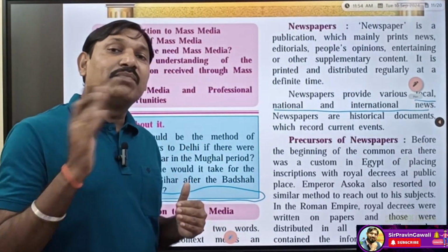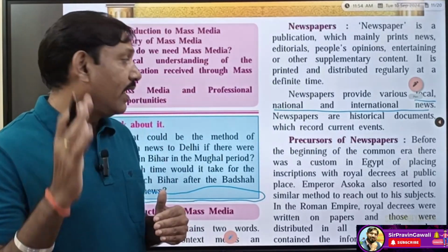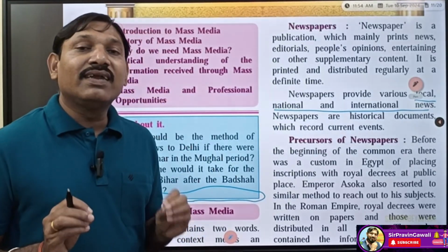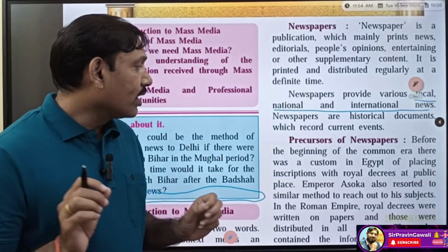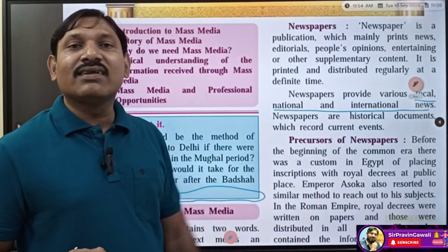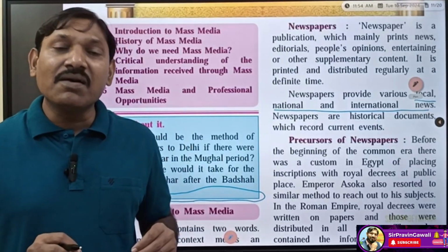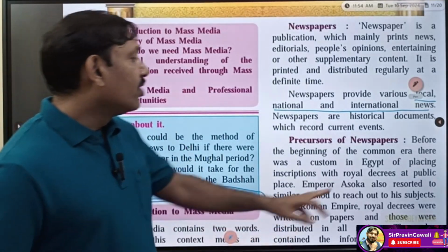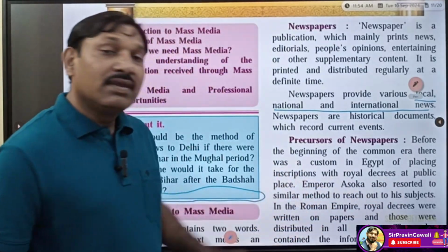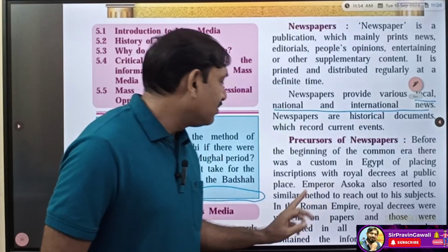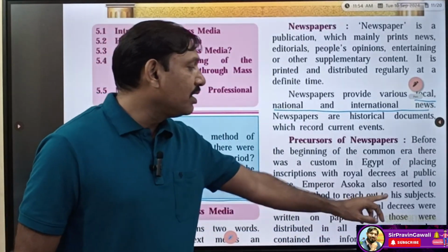Before that, BCE, that is called before Common Era, whatever the decrees were there, they used to publish the decrees as inscriptions. Royal decrees means what? These decrees are declared by the royal family or kings and queens at public places. In the same way, Emperor Ashoka also resorted to a similar method to reach out to his subjects.